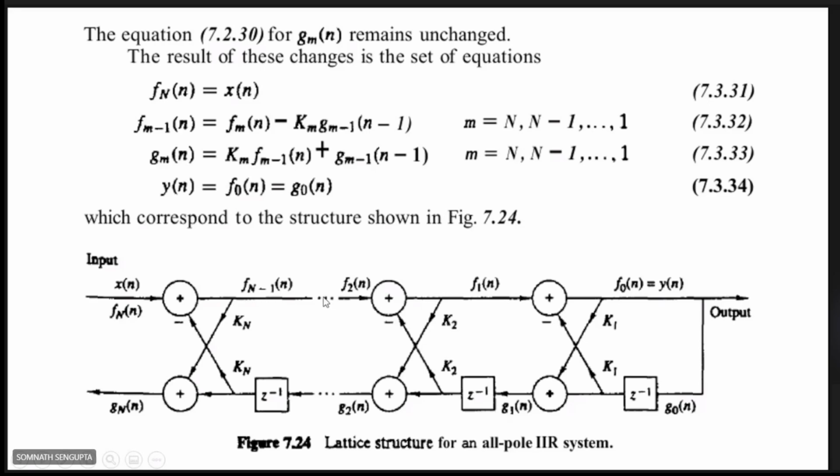Similarly they are calculated, and at the first stage you see the output as x(n) and g_N(n). Okay, so in each stage there are two inputs and two outputs.